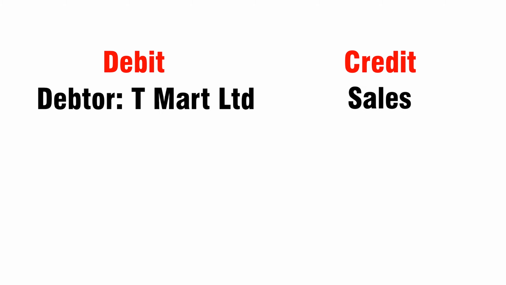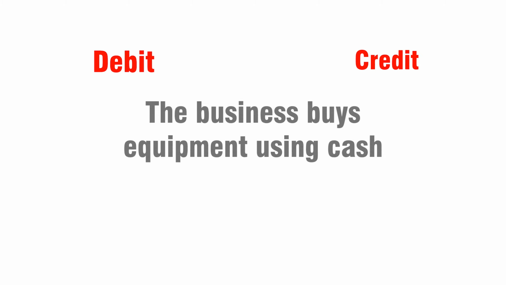Debit debtor T-Mart Limited, credit sales. Transaction 6. The business buys equipment using cash. Debit equipment, credit cash.